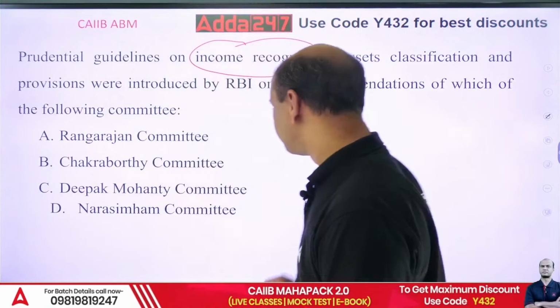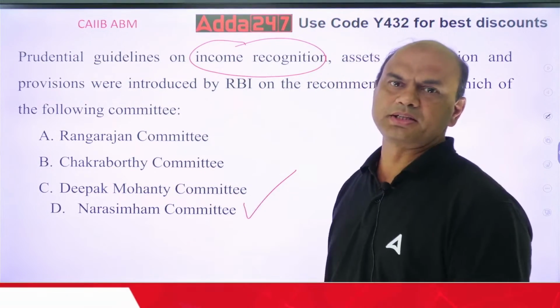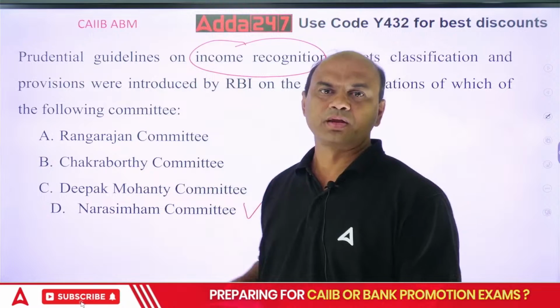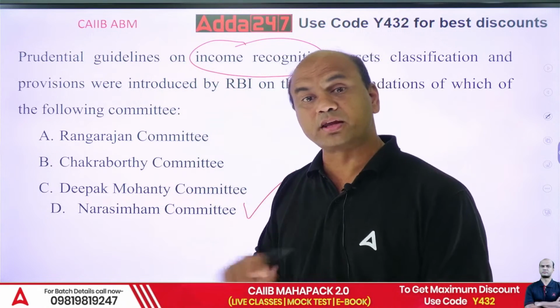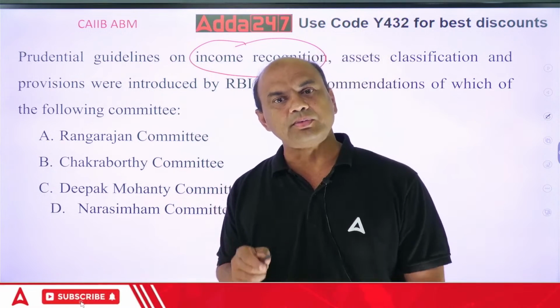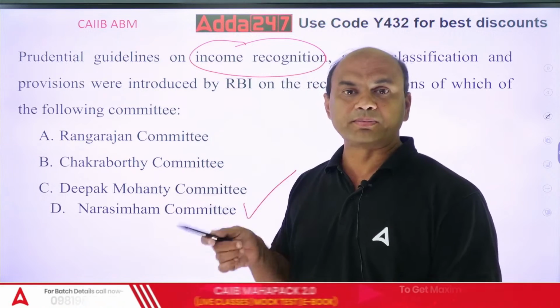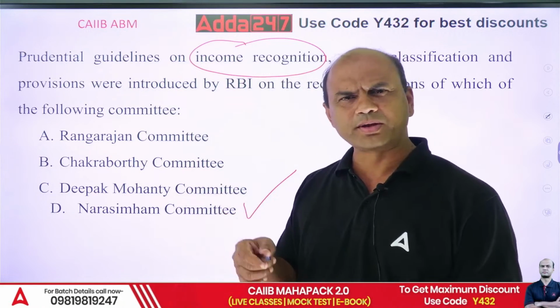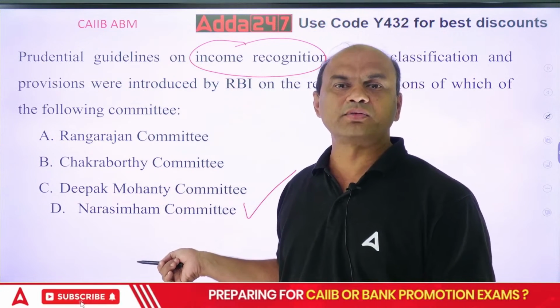Okay, Narsimham committee. In fact, there were two Narsimham committees, 91 and 98. Both gave very good recommendations. Because of the 1991 committee, our country brought in private banking. All these new private banks which you see, HDFC Bank, ICICI Bank, have come in because of this 91 Narsimham committee.